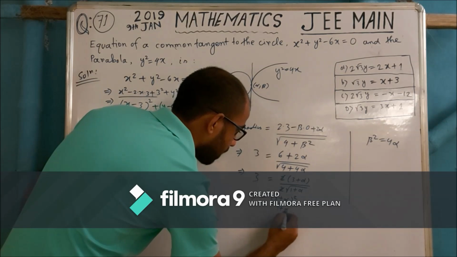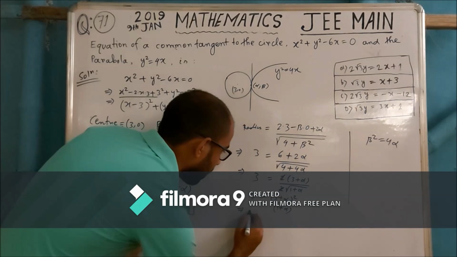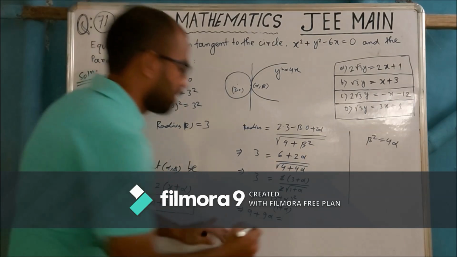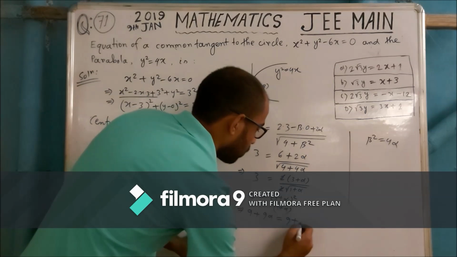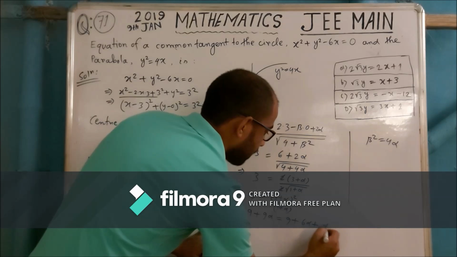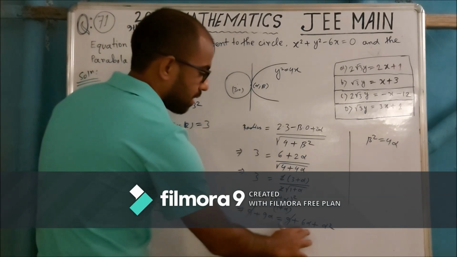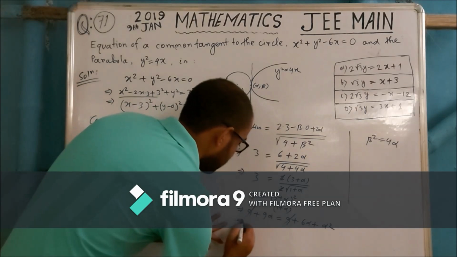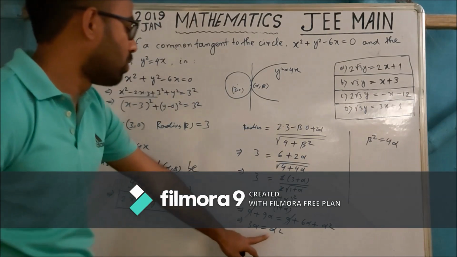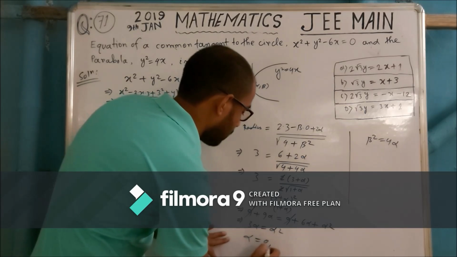Multiplying, 9 plus 9 alpha equal to 9 plus 6 alpha plus alpha square. This 9 and this 9 cancel out. 9 alpha minus 6 alpha equal to 3 alpha, that means 3 alpha equal to alpha square. We get two values: alpha equal to 0 and alpha equal to 3.